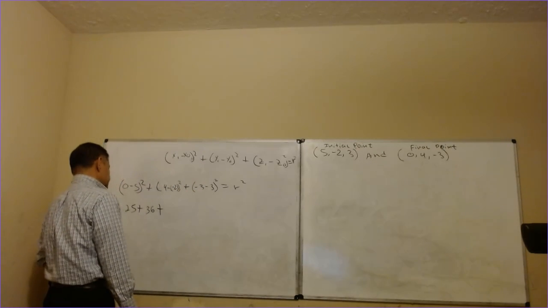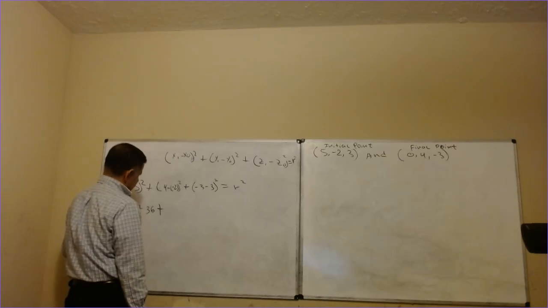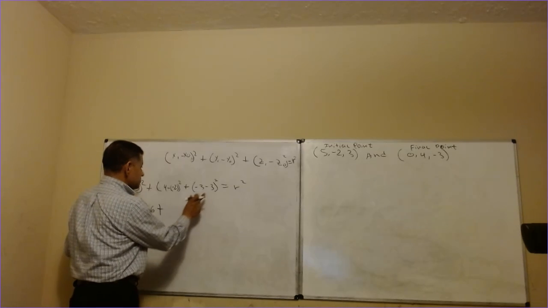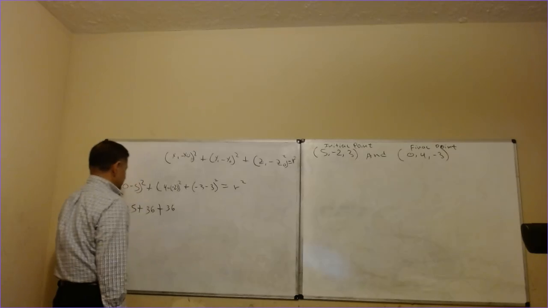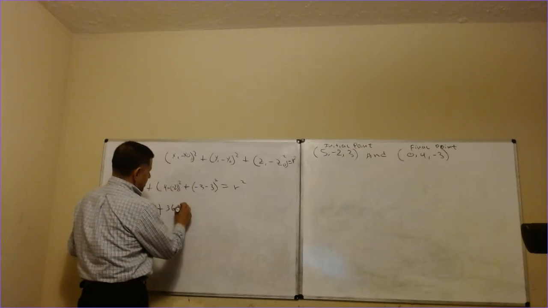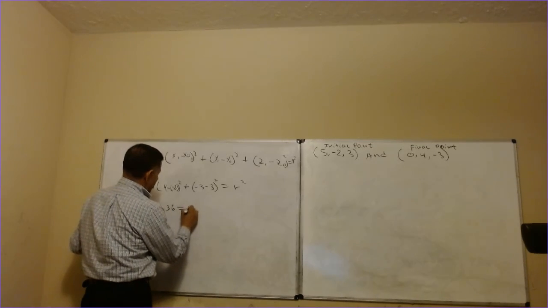So negative 6 squared is another 36. Then that is equal to r squared.